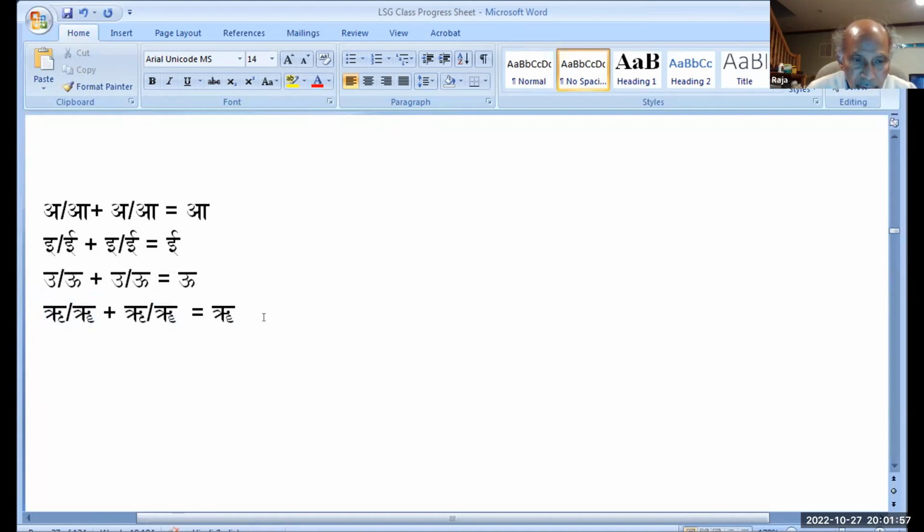Likewise, we also said "lu" or the long form of "lu", added to itself, savarna, and both of them are replaced by the long form.